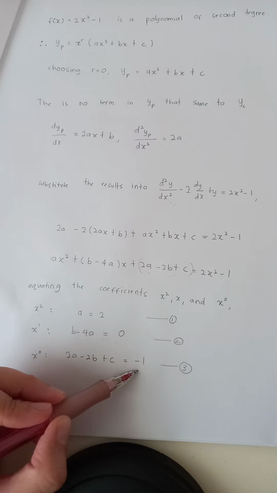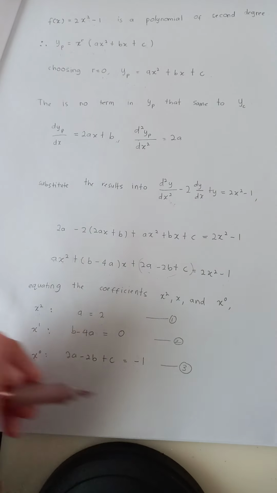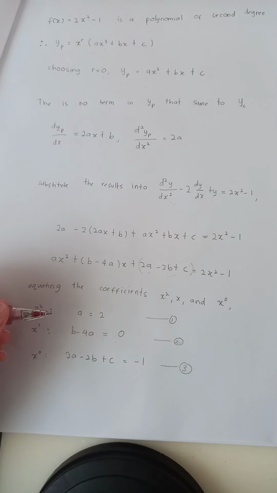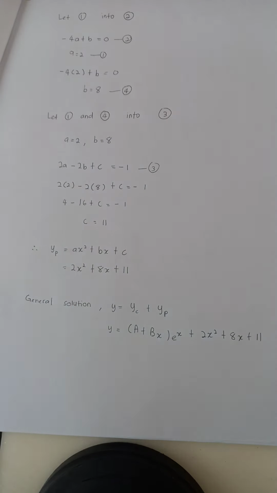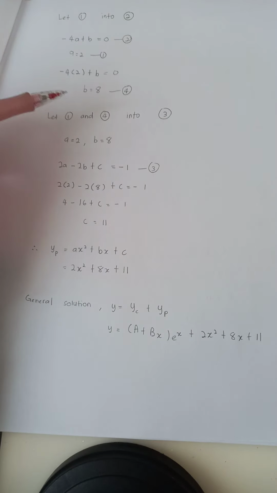So equals to negative 1. We solve this equation. We want to know what is A, what is B, what is C. Okay? Okay, after we solve it, okay, we got A equals to 2, B equals to 8, and then C equals to 11.